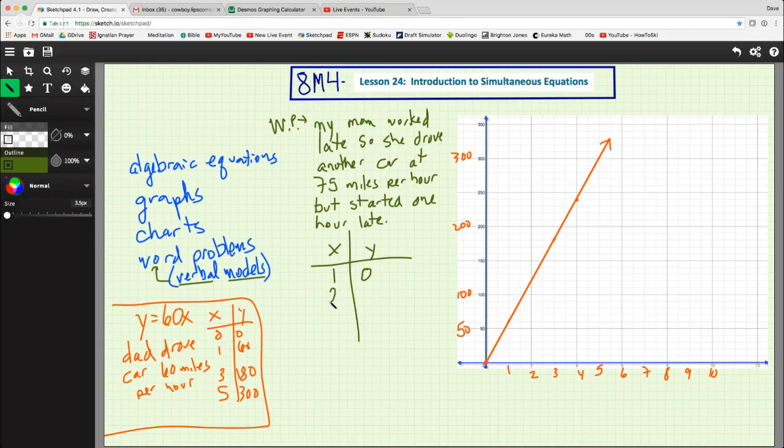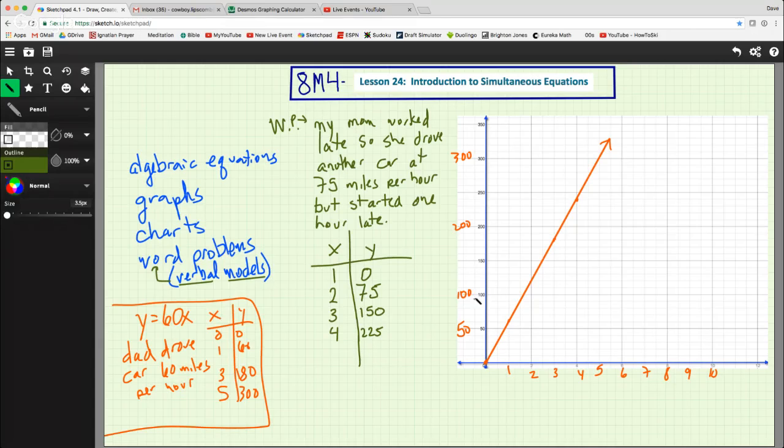After 2 hours, she was where? 75, because she started driving at hour 1. So relative to my dad, she was 0 at 1 hour, at 2 hours, 75. At 3 hours, she'd been driving for 2 hours, so that's 150. Just making sense? So after 4 hours, she was at 225.